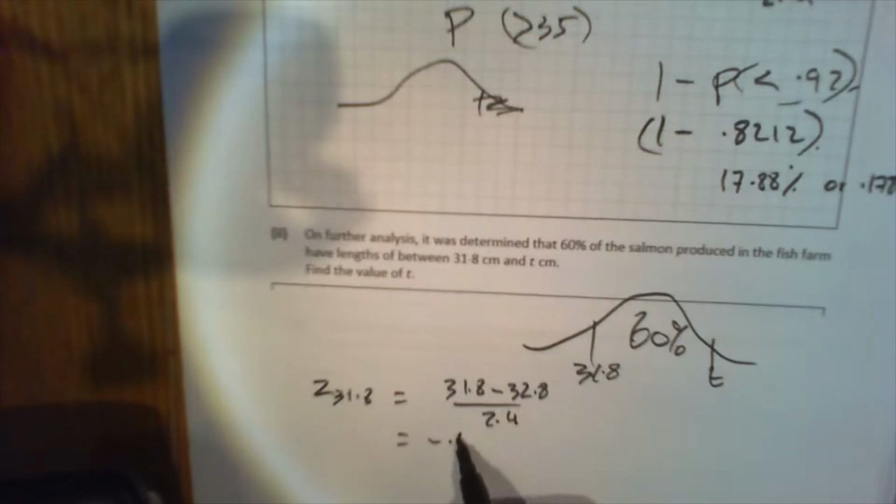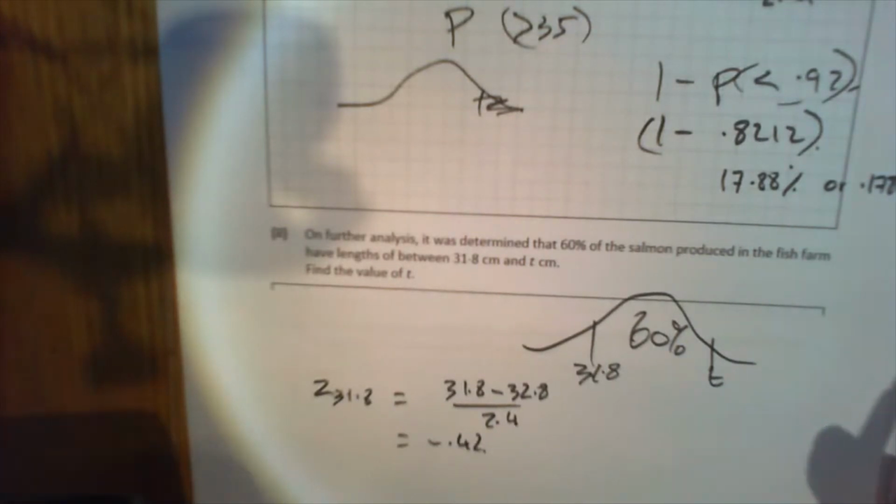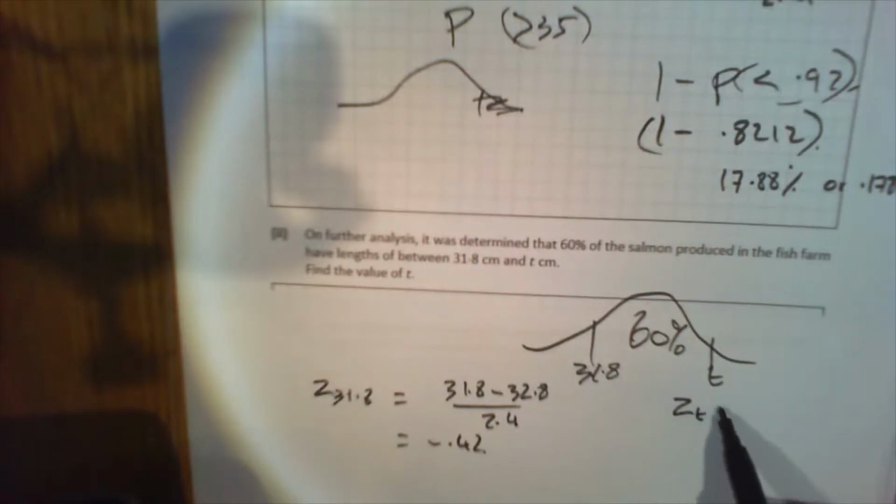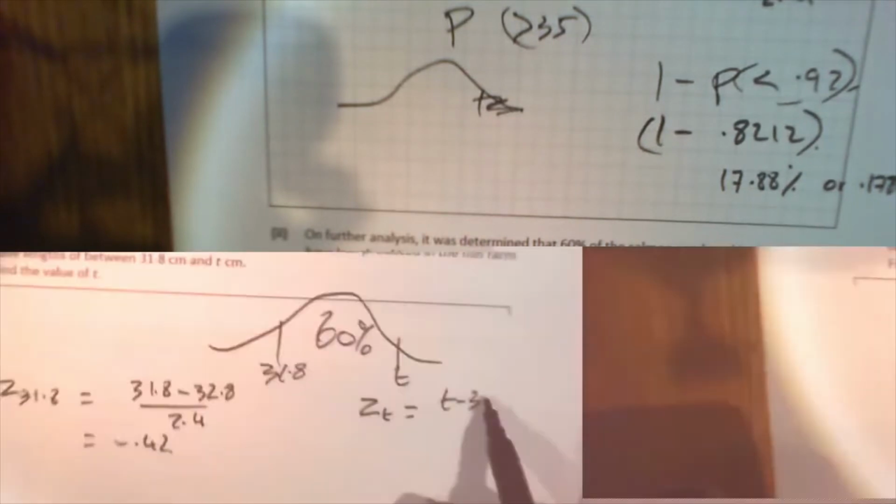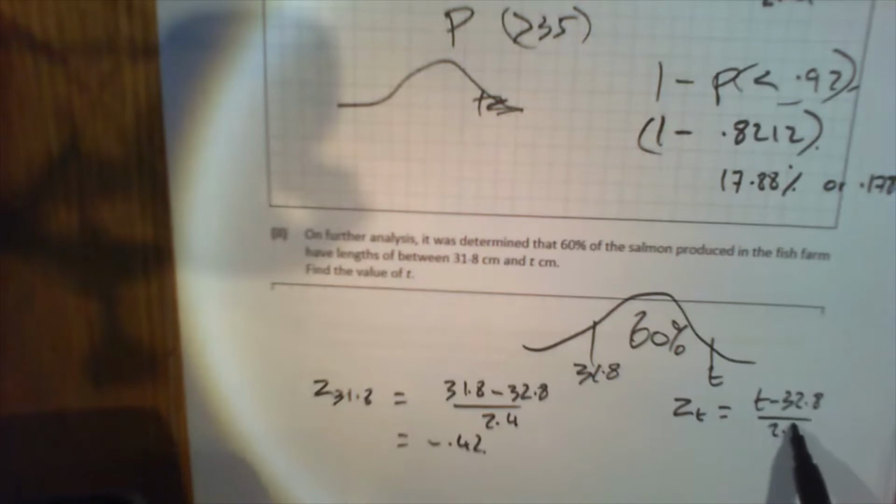It's less than the mean. Okay, that makes sense. And the other one, Z of T, is going to be T minus 32.8 over 2.4.